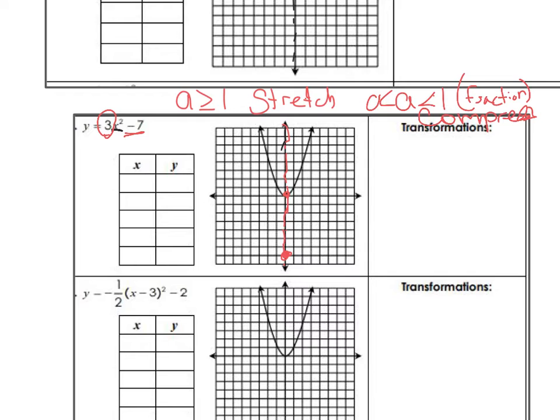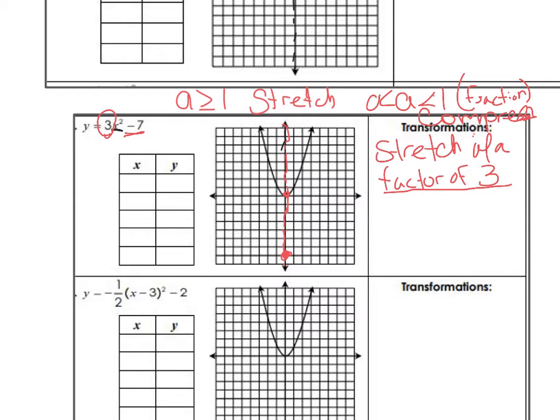Okay? So on this one, we had a stretch, because it's a whole number, it's greater than or equal to 1. We had a stretch of a factor of 3. Okay? Stretch of a factor of 3.